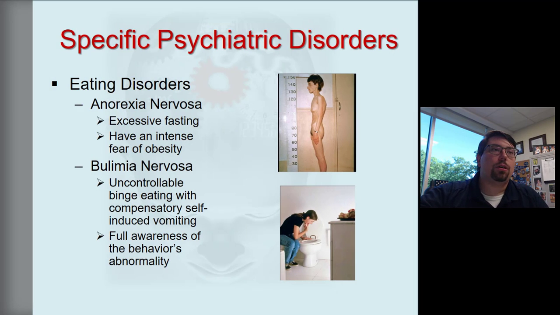Eating disorders, anorexia nervosa is another one we see. This is excessive fasting, and these are the folks that have a major concern about their body when it comes to obesity. Bulimia nervosa, this is binging, where they're going to eat excessive amounts of food, and then they're going to purge. They're going to induce some type of vomiting to get rid of what they've eaten, to help maintain, again, that bodily figure that they want.